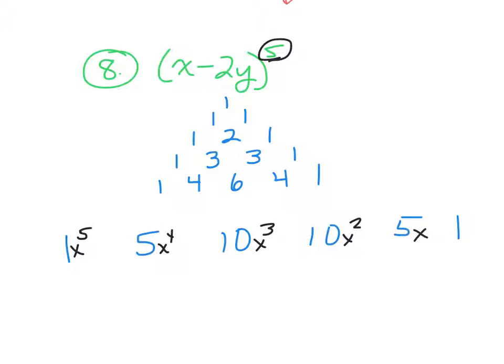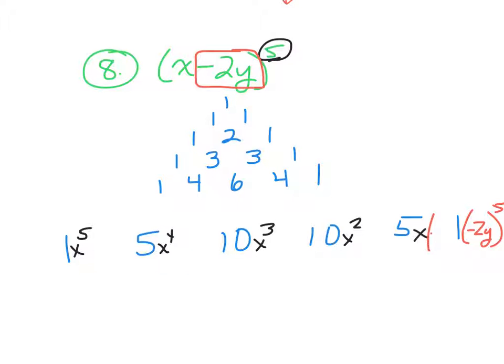Now, the next thing we need to look at is the negative 2y, and we do the same thing with it, except we go in reverse, right? So, back here, this 1 is getting a negative 2y to the 5th. Now I'm going to be all scrunched up like I always am. And then we're going to drop the power by 1 as we move to the left.